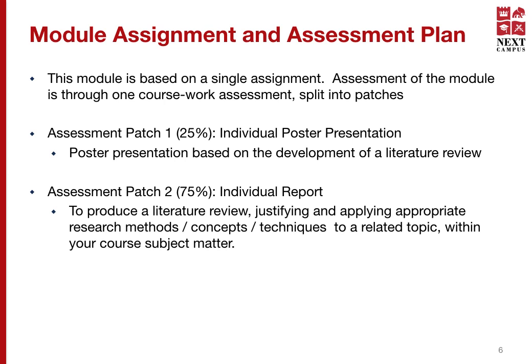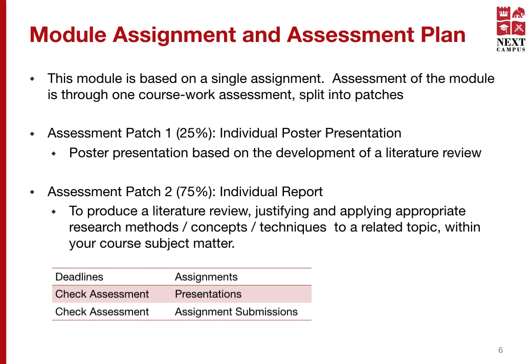So, again, the research methods module will be assessed using one assignment, but that assignment will be split into two sections, or what we call two patches. The first patch, 25% of the marks, is an individual poster presentation. The second section, patch 2, which is worth 75%, is an individual literature review.